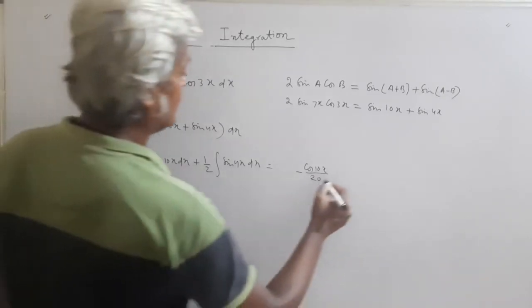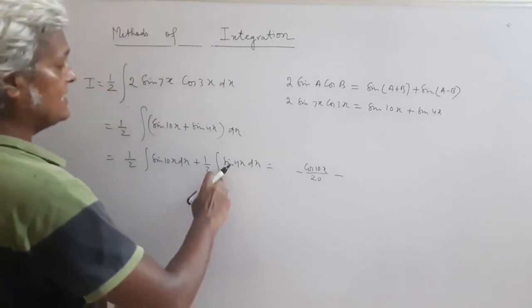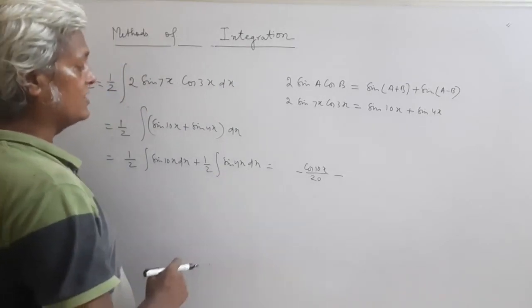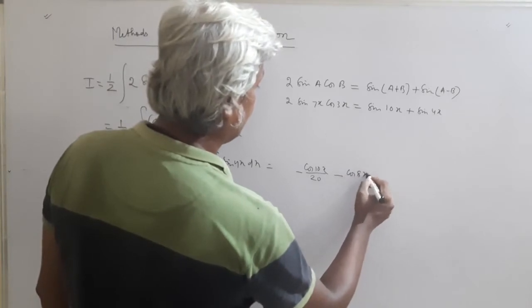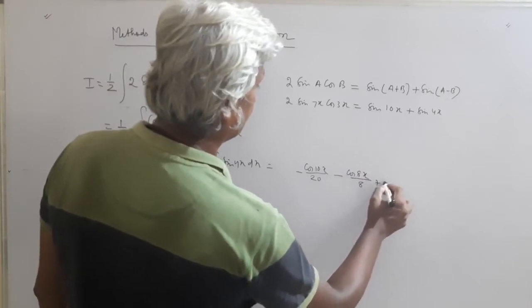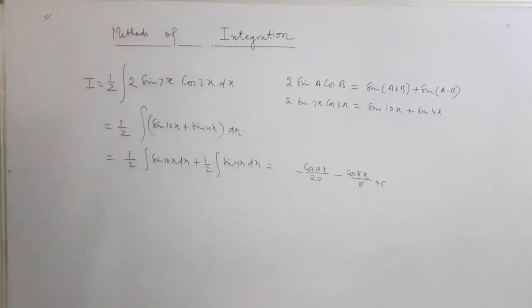This also will be negative, and the sine 4x integration will be minus cos 4x over 4, multiplied with half gives minus cos 4x over 8, plus c. This is how you can solve this question.